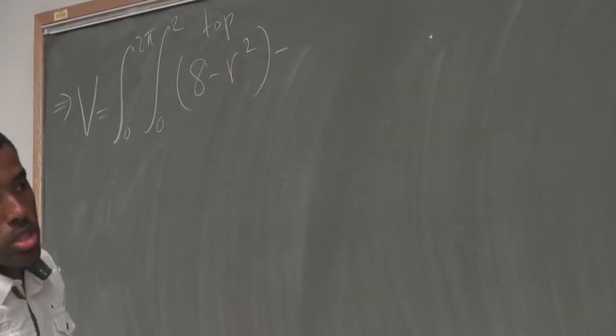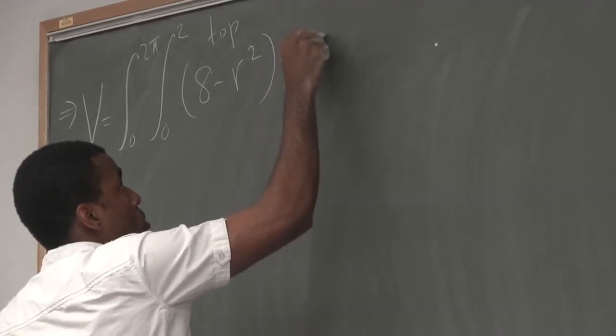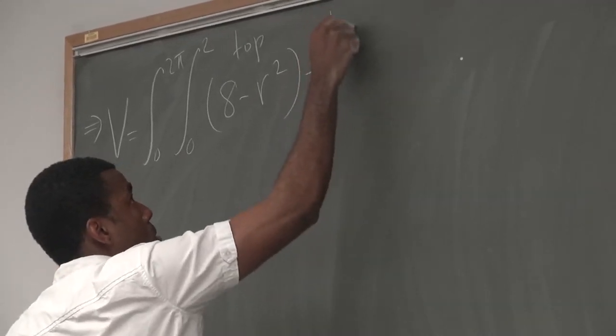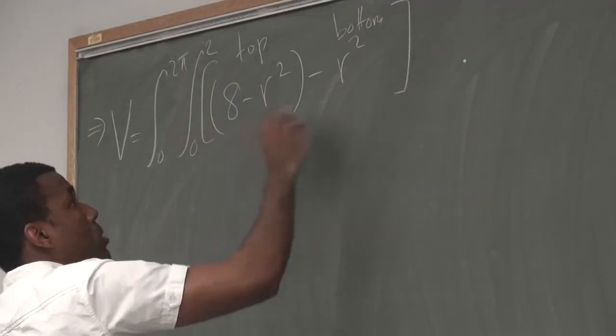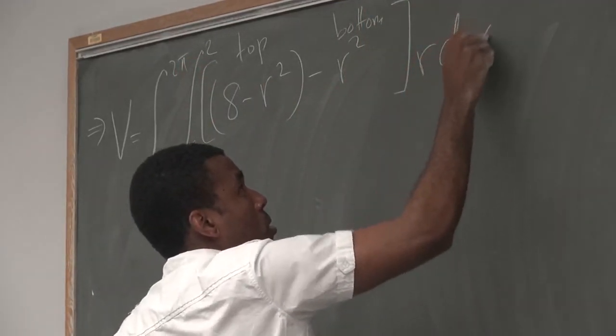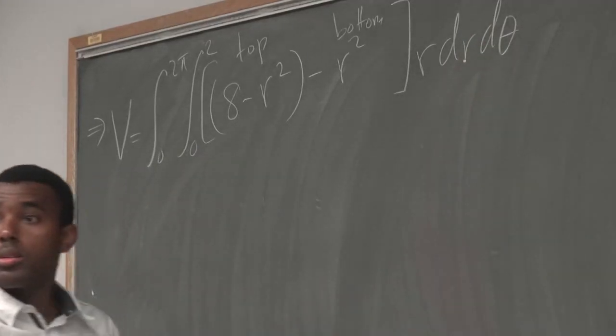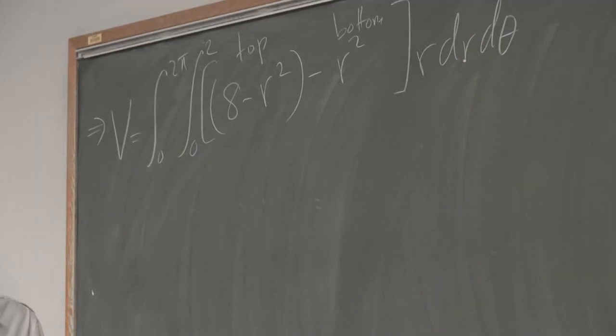Minus the bottom, which is just x squared plus y squared, which is r squared. In this case, does it matter which way you do it? If you do the top minus the bottom, yes, it matters. The bottom minus the top would give you a negative volume, right?